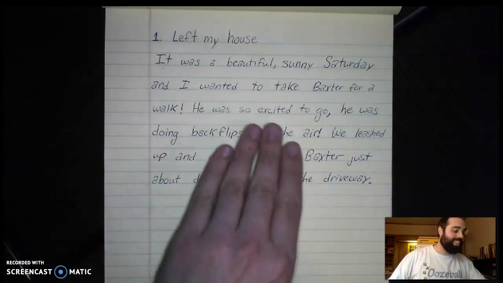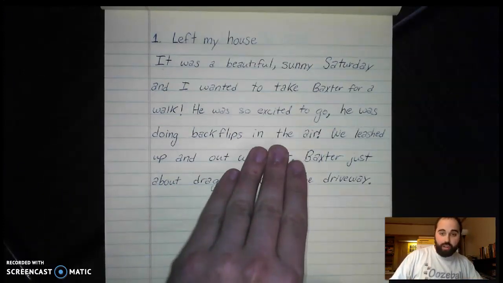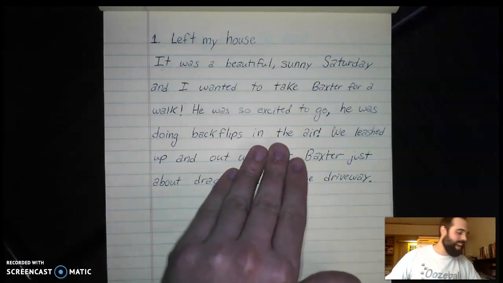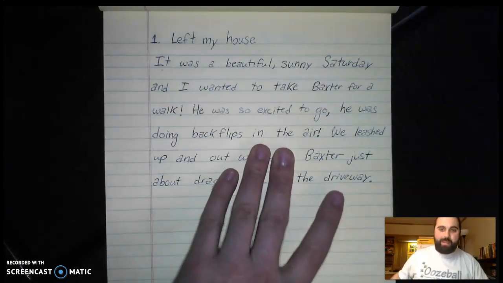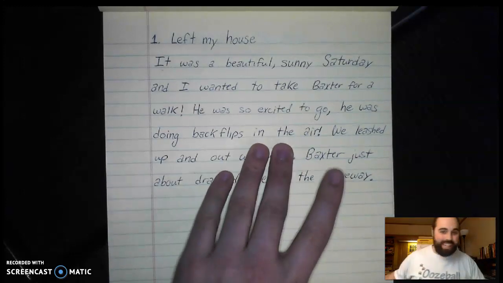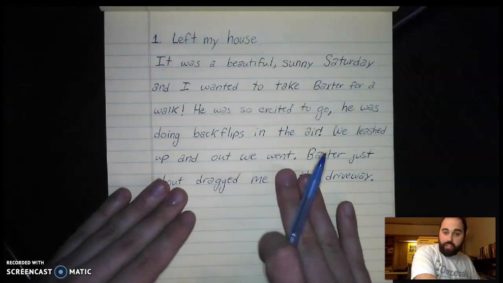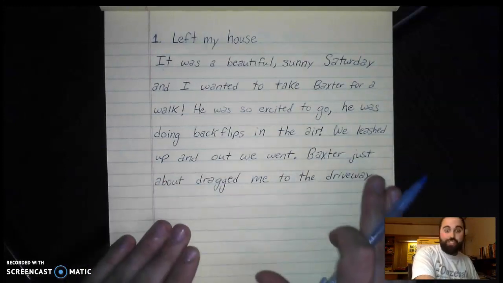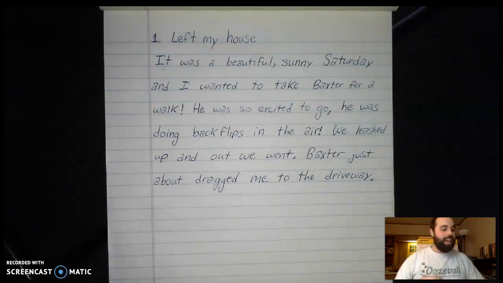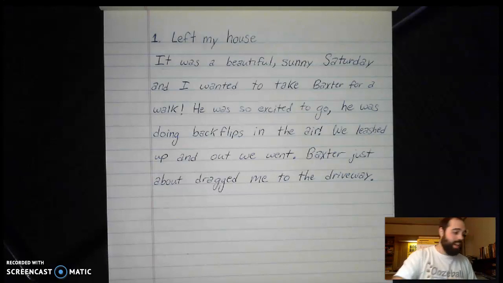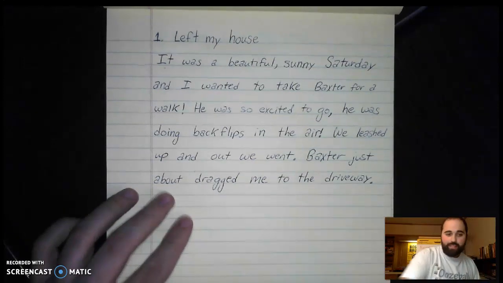I explained how excited he was to go, and I even stretched that sentence out a little bit so that we could kind of imagine how much excitement is coming from Baxter. He's actually in here napping, not excited right now. And then I explained what we did next. We leashed up, and then he just about dragged me to the driveway. Again, that's showing how excited he was, right? It goes much further than me just saying he was excited. I'm really explaining it here in my text.